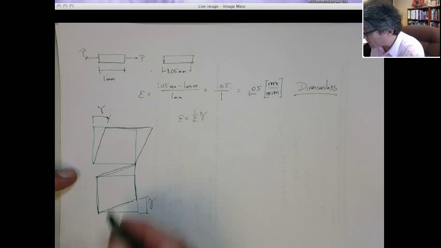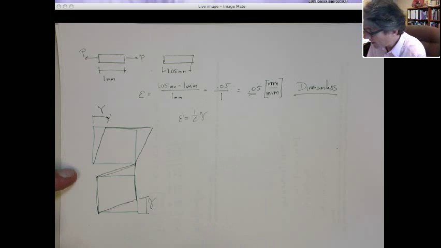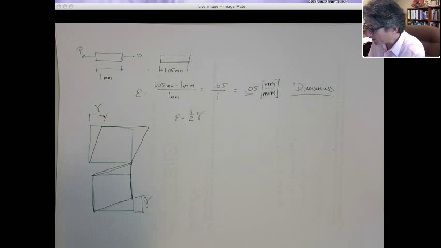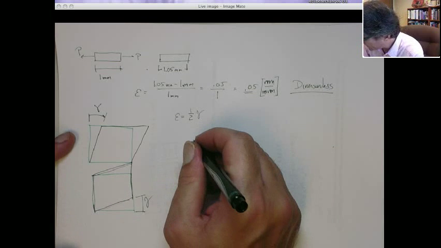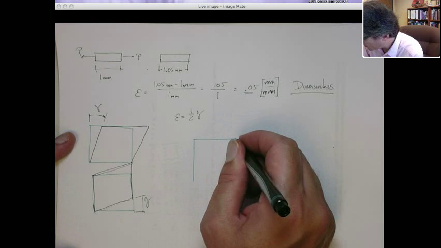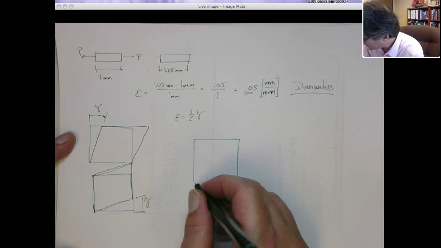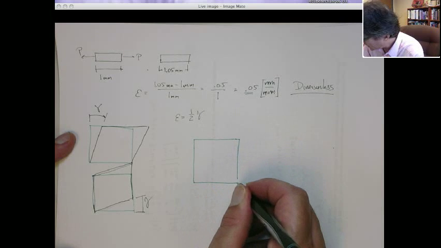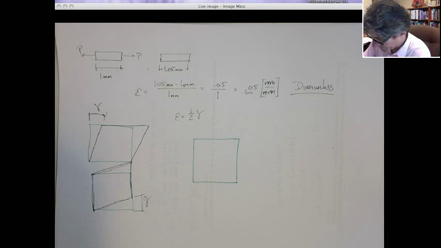These are actually the same shear strains, assuming the angle change is the same. Or in general, what you typically see is the following. Let's draw a little better. Nice undeformed block. Now I'm going to draw the deformed configuration.